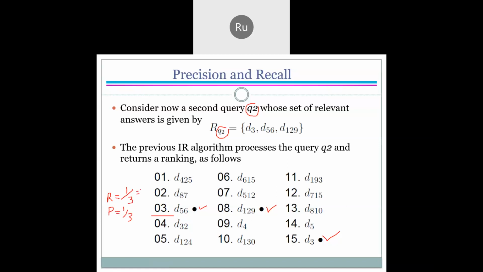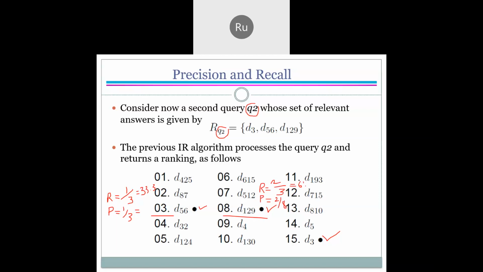So this one is actually 33.3, similar to this. Okay, when we are here, what is the recall rate? 2/3. What is the precision? 2/8.